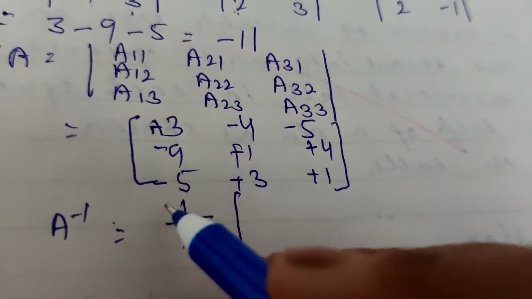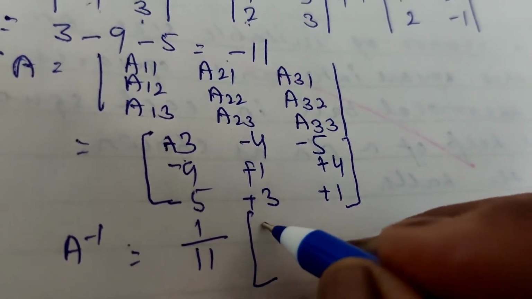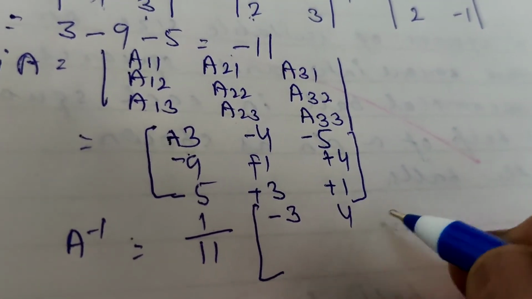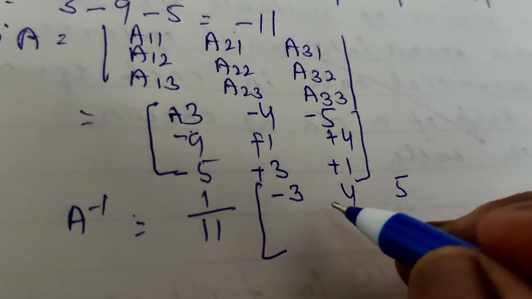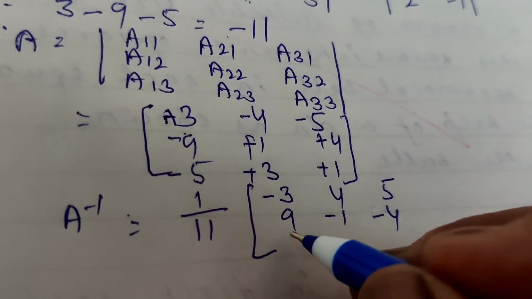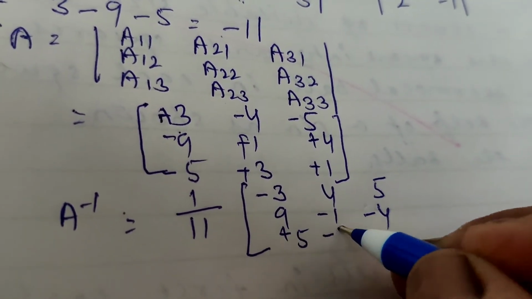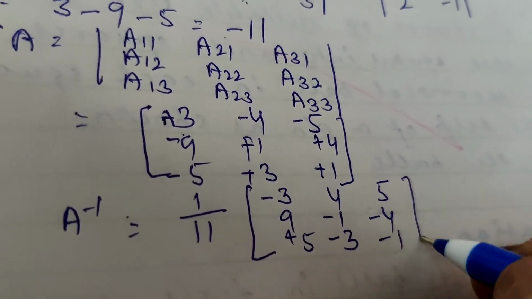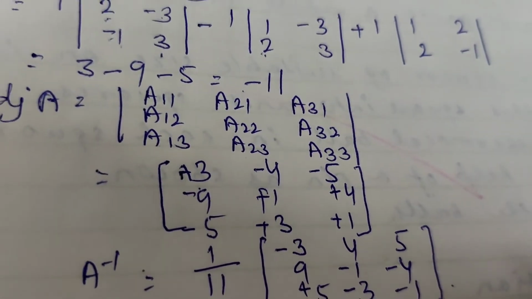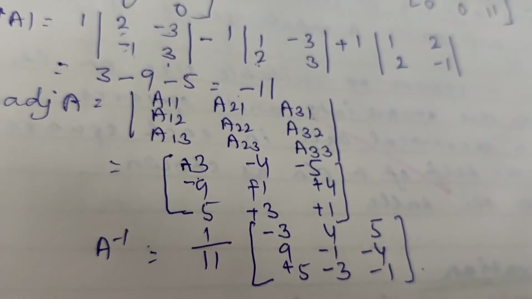Now the minus 1 by this minus will be multiplied, then you will get minus 3, 4, 5, 9, minus 1, minus 4 and minus 5, 5, minus 3, minus 1. This will be the A inverse. You can find these cofactors and put the values.